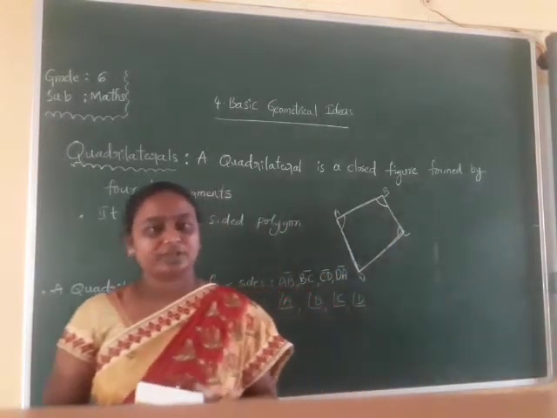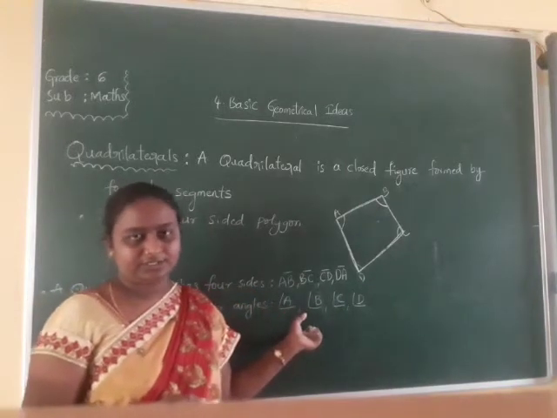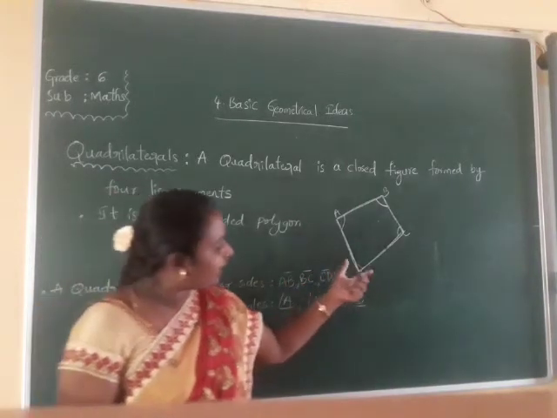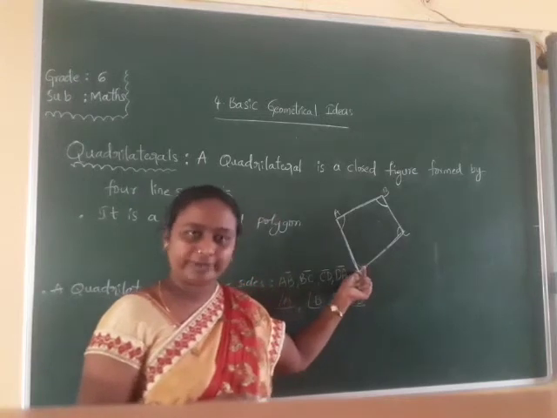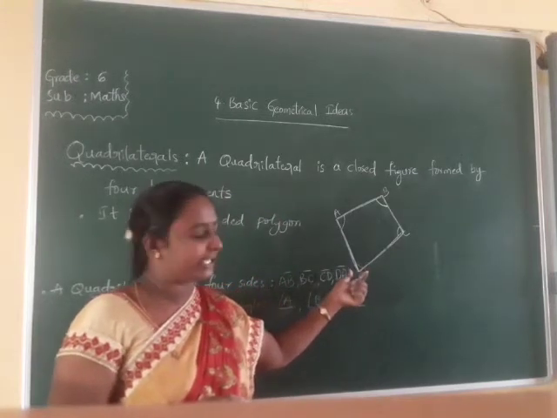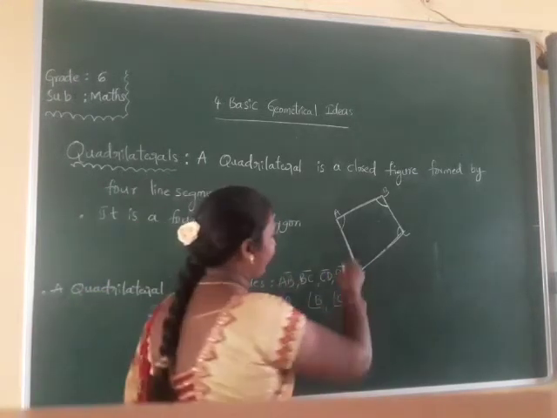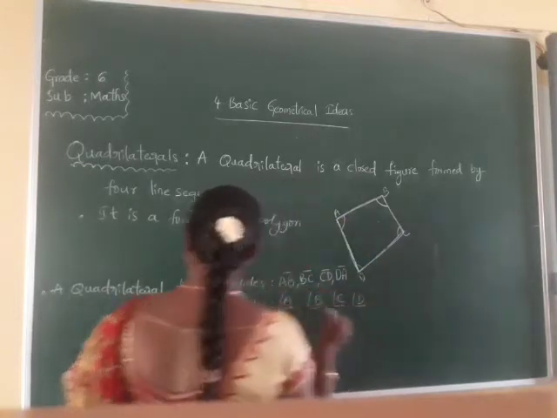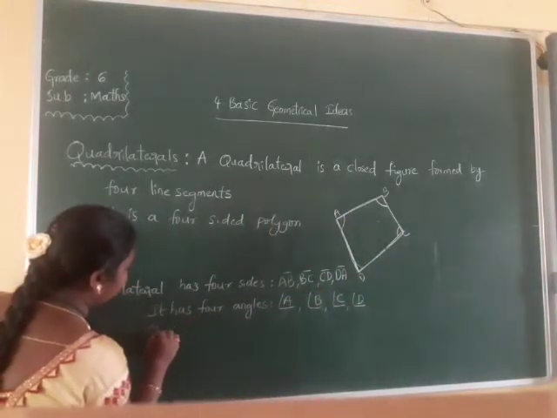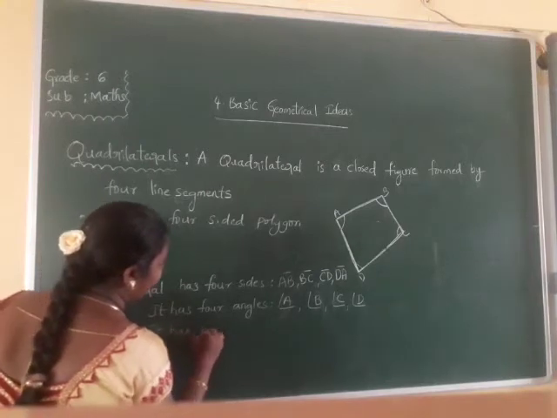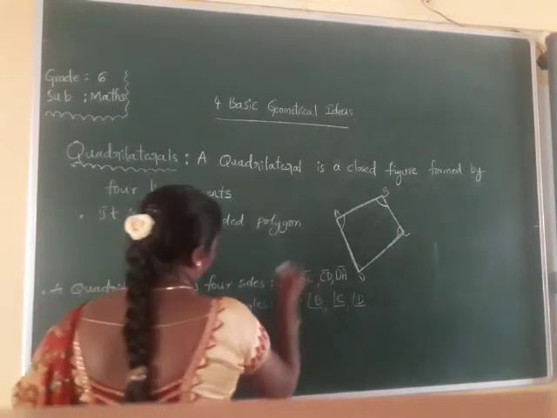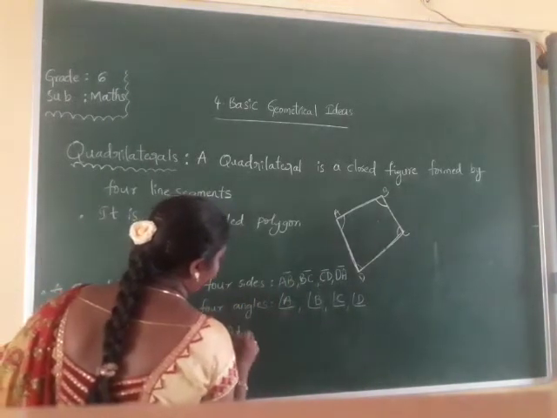Adjacent means beside, having a common vertex, a common point. It has four adjacent sides.